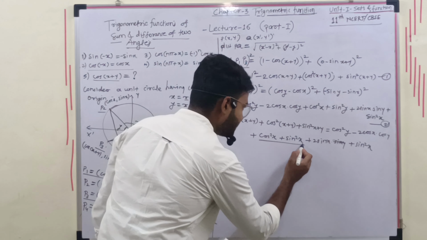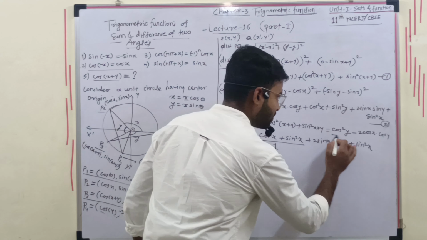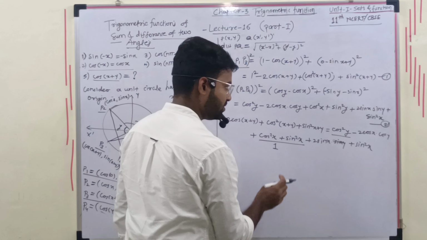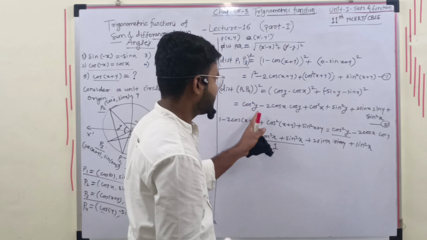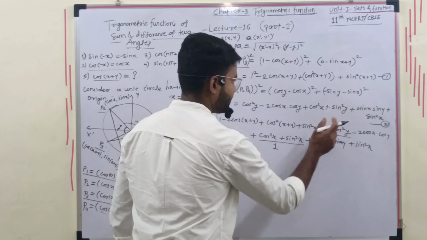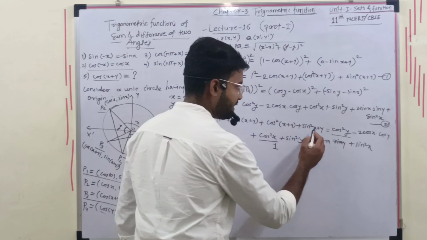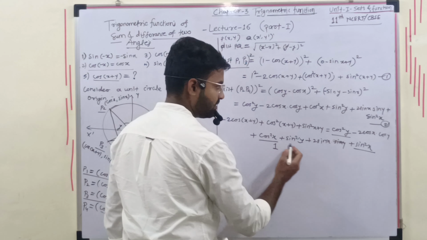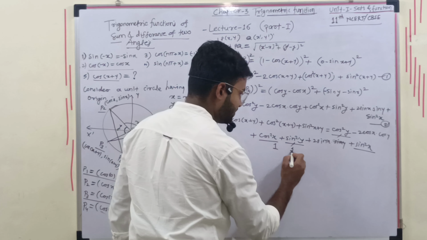Here cos square x plus sin square x is 1, and cos square y plus sin square y is 1.